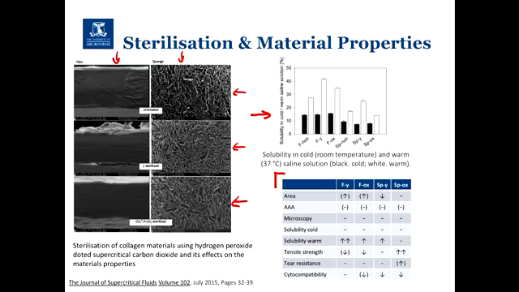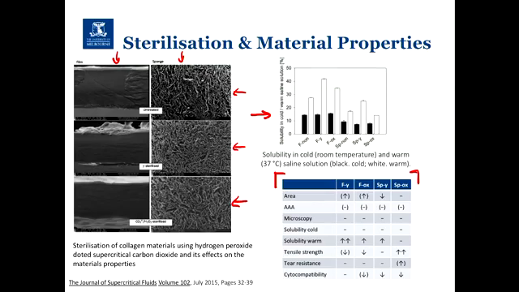And here's just a table that's summarising all the different types of characterizations they did and how it changed, whether it was a film and gamma radiated, a film and hydrogen peroxide, or with the sponges. Some things changed, and some things didn't.